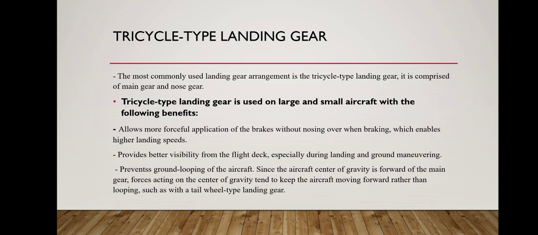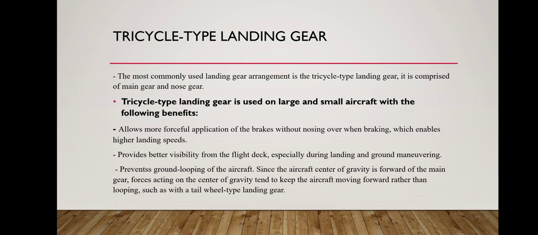Tricycle type landing gear. The most commonly used landing gear arrangement is the tricycle type landing gear. It is comprised of main gear and nose gear. Tricycle type landing gear is used on large and small aircraft with the following benefits. It allows more forceful application of the brakes without nosing over when braking, which enables higher landing speeds.